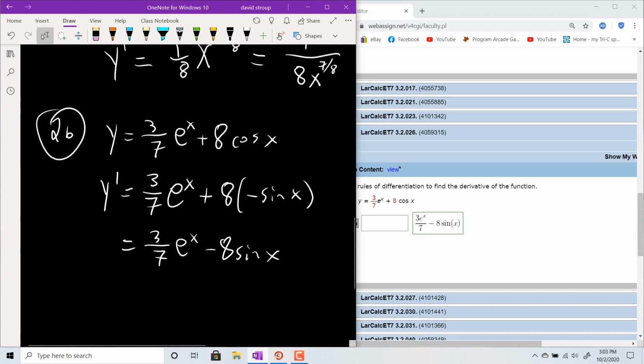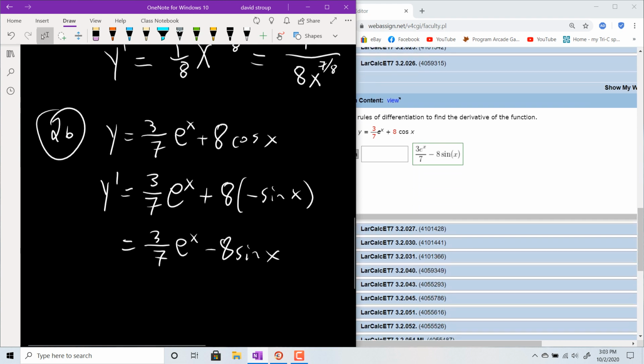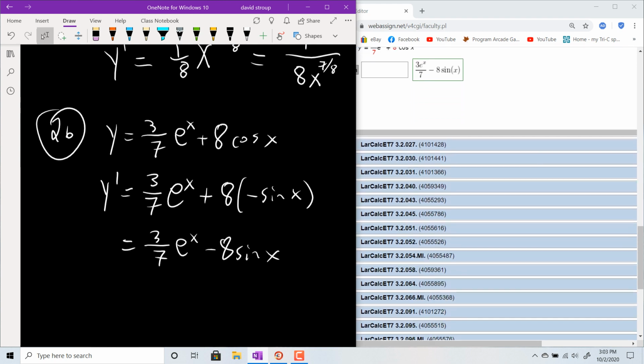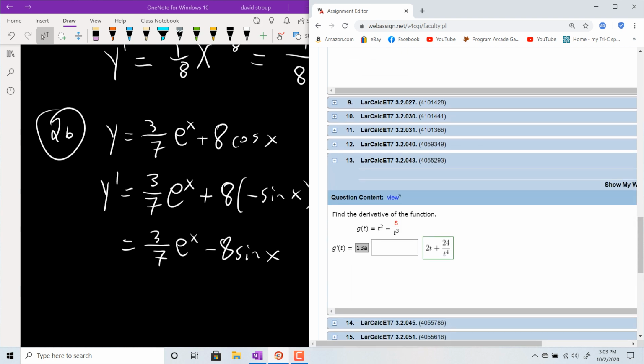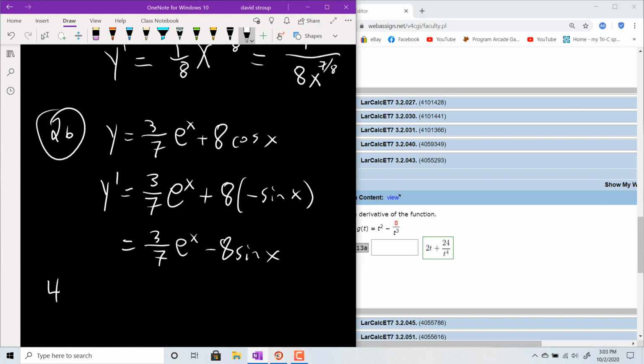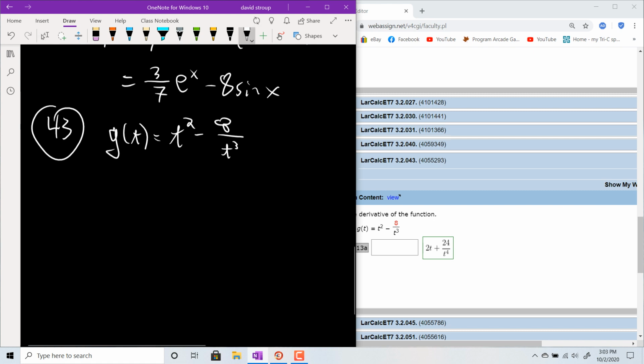Okay. Let's see what else. So like up to 57. Let's try this guy. This is 43. G of t equals t squared minus 8 over t cubed. Okay, so again, rewrite these to take advantage of the power rules.